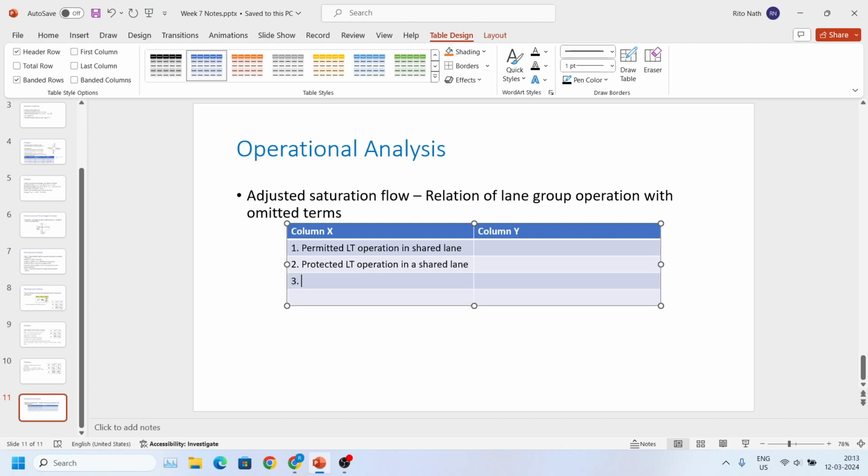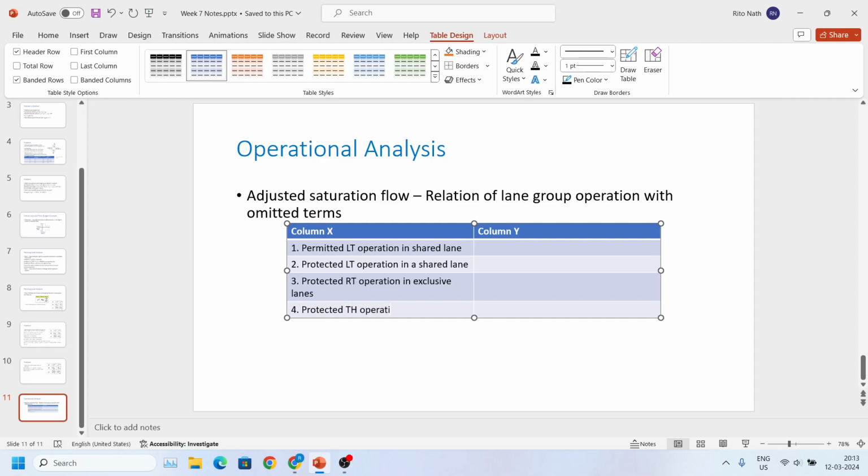Then three is protected RT operation in exclusive lanes. And four is protected LT operation in exclusive lanes.